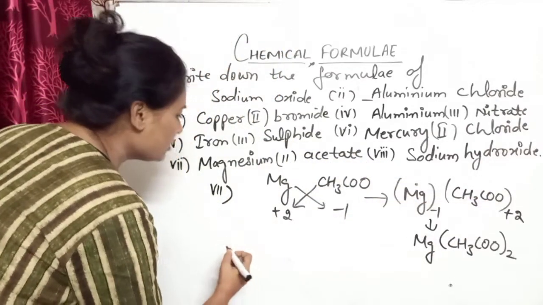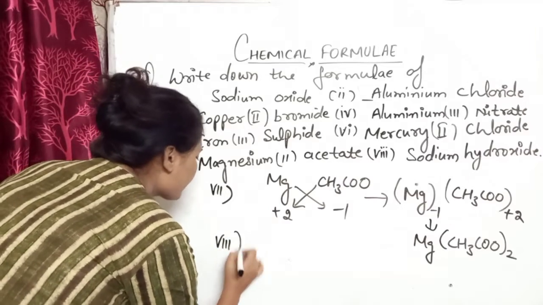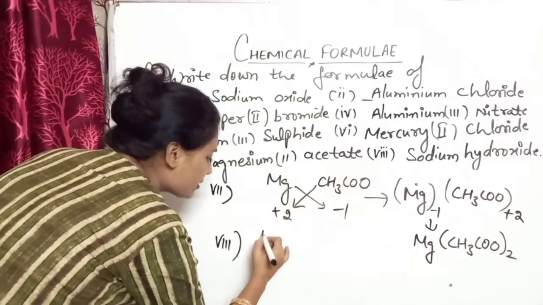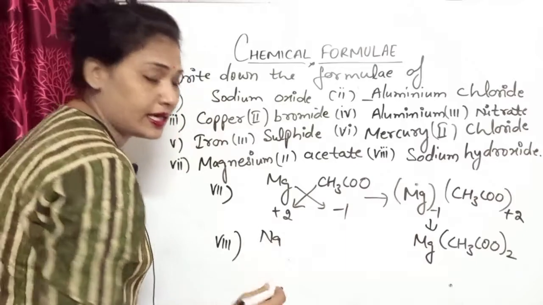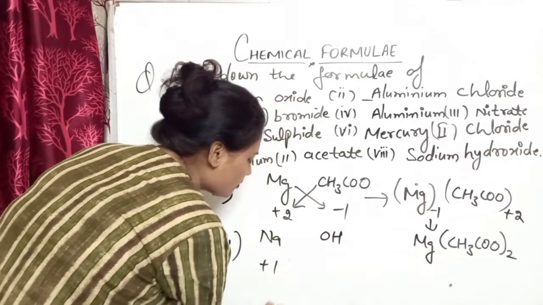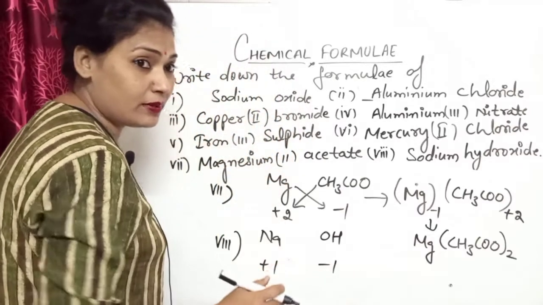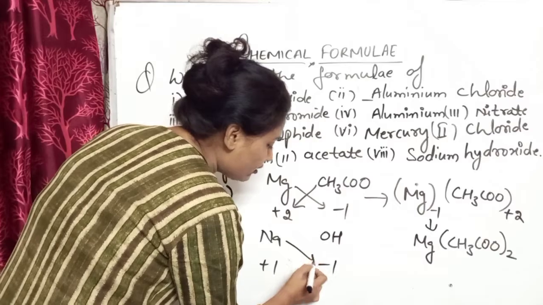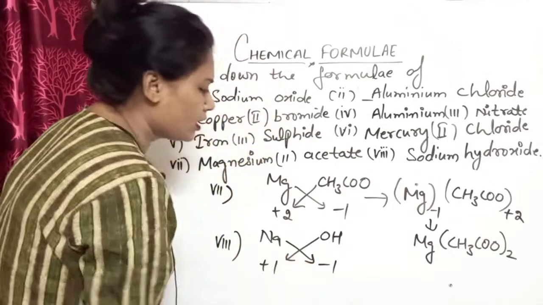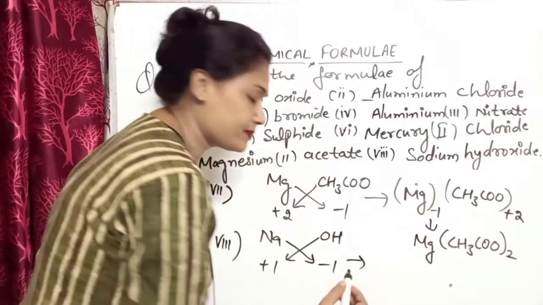And the last formula is sodium hydroxide, the 8th formula. For sodium the symbol is Na, and hydroxide is OH. Sodium has +1 valency and the hydroxide OH ion has -1 valency. Now we will write the valency as a subscript.